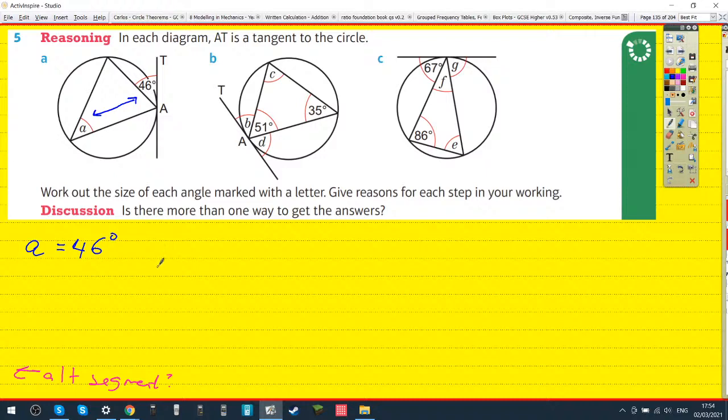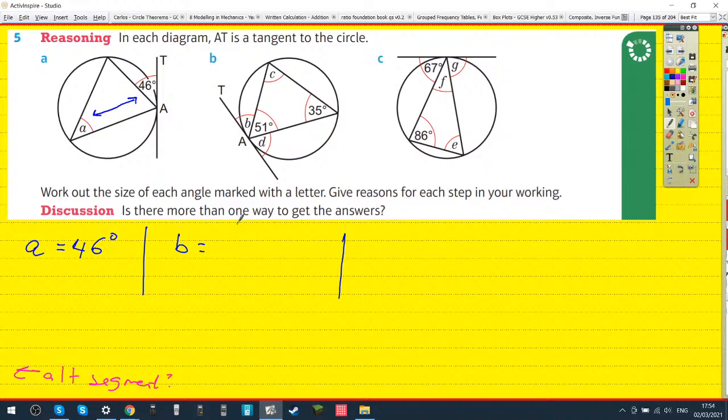Oh. So, that's what I was saying. So how about angle B? So I only have to find angle B. Yeah. Okay. So 51 degrees and 35 degrees.